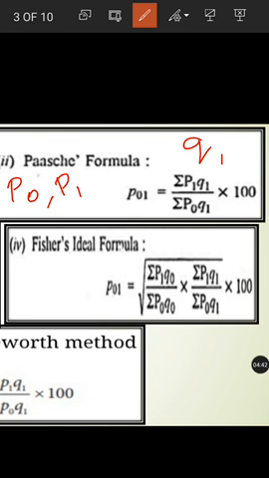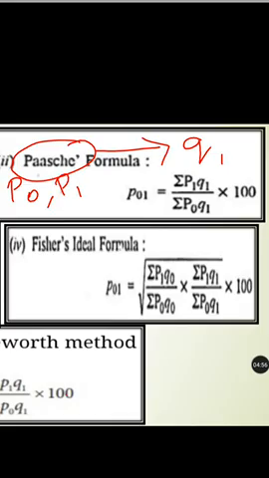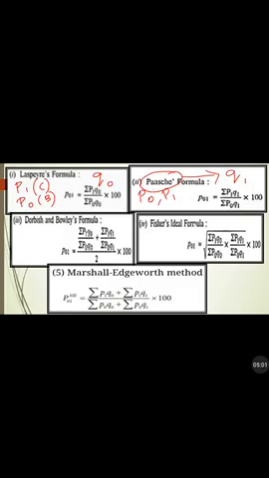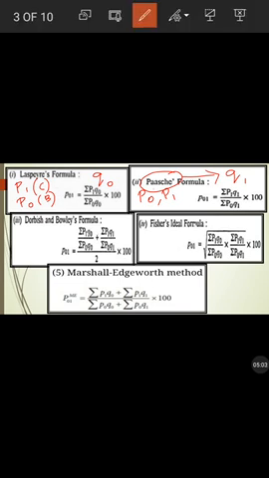Whereas in Laspeyres' we took the base year quantity, Q0, for Paasche's we take only Q1, the current year quantity. Once again, for Laspeyres' we take Q0, and for Paasche's we take Q1.